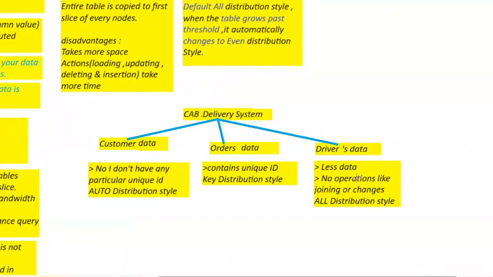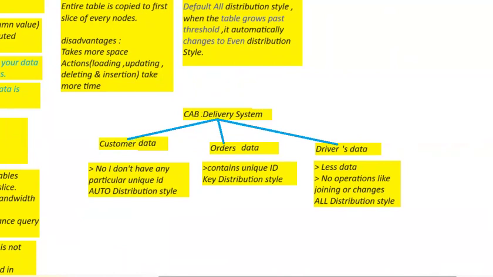So in that case, very little data, but I require a fast response. Whenever a customer orders a cab from one particular place to another, they quickly get the response of which drivers are available in that location. So in order to get that response very fast, we use ALL distribution style.